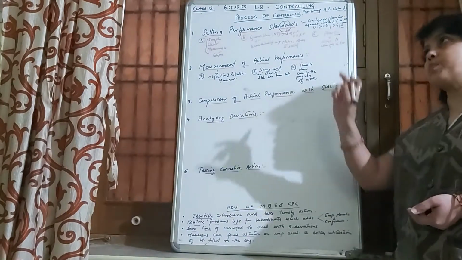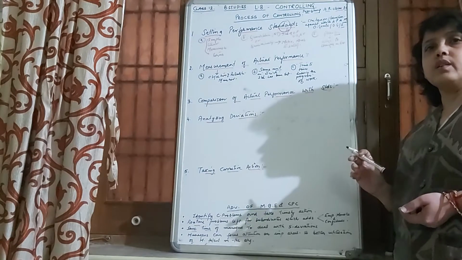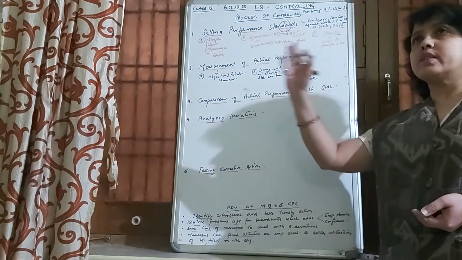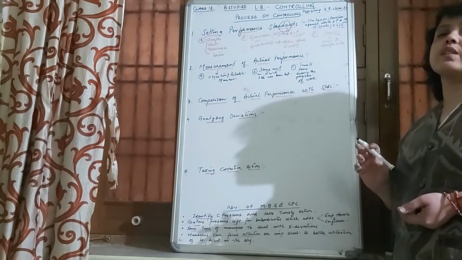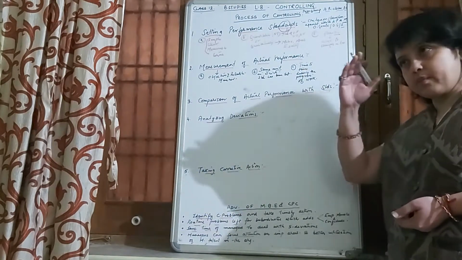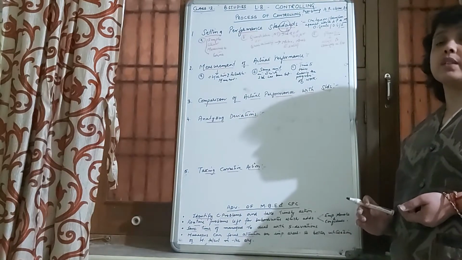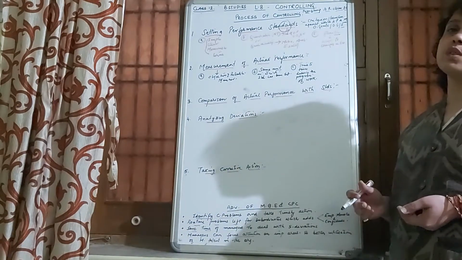If the target has been set to be achieved within a period of say 5 months or 6 months, then from time to time the measurement should take place about the work in progress. That is regular monitoring of the work.